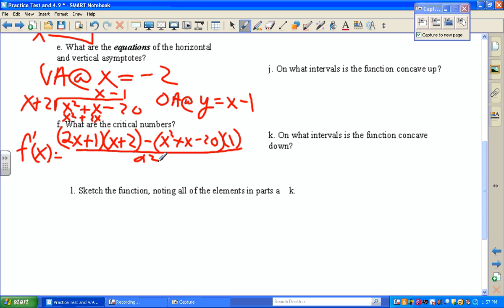Yeah, 2x plus 1 times the denominator minus the numerator times 1, over the denominator squared. Bottom one squared: x squared plus x minus 20, all squared. Wait, no, it's over x plus 2, squared. Right.